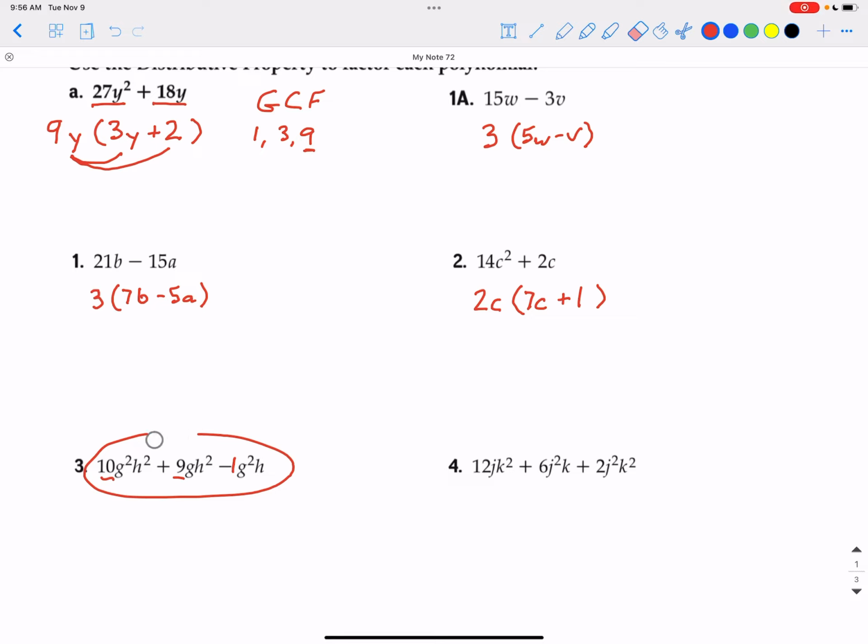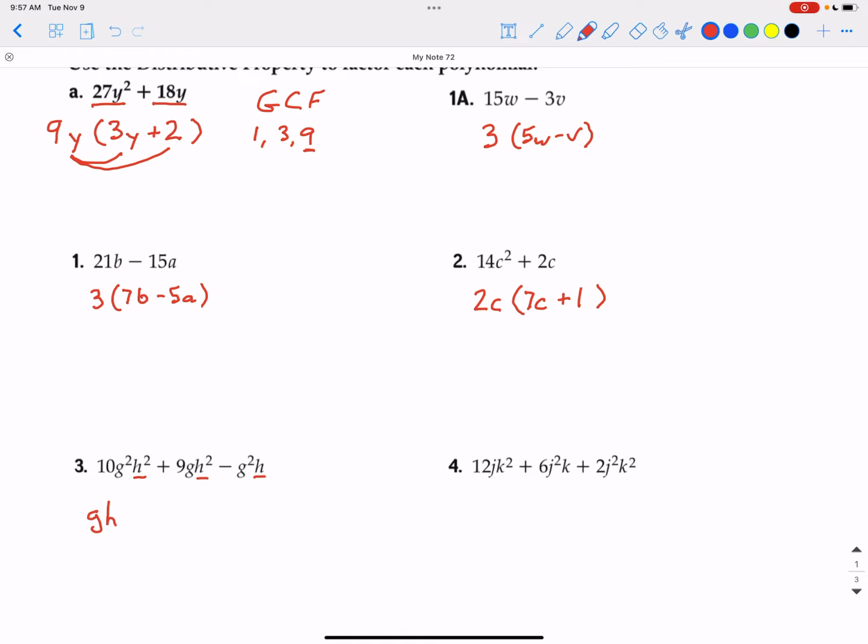So we aren't going to factor out any of the numbers on this one. But we can factor out some of the variables because they all contain at least one g. The middle term only has one g, so I'll factor out a single g. And they all contain at least one h. Again, the last term only contains one h, so I can only factor out a single h.